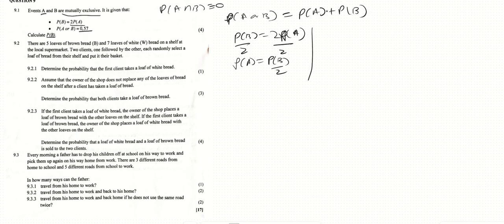Now let's come back to the formula here. Probability of A or B is equal to 0.57. It is equal to probability of A, which is probability of B over 2, plus probability of B.